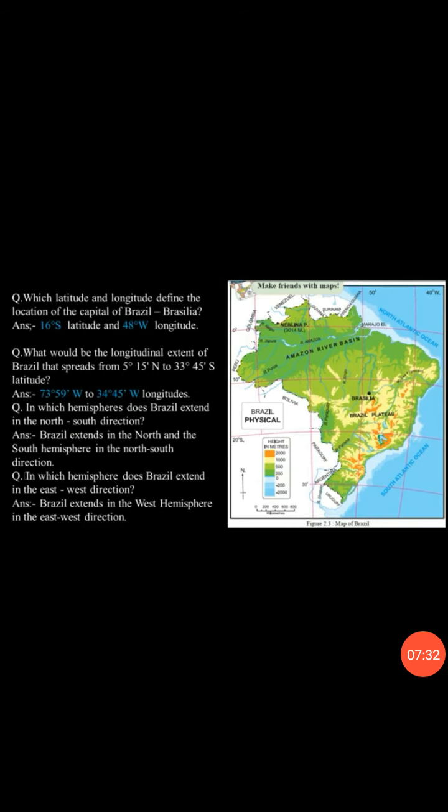So this is the answer to the following questions. Okay students, you have to copy this answer in your notebook. Which latitude and longitude define the location of the capital of Brazil, Brasilia? 16 degrees south latitude and 48 degree west longitude. Okay students, if you can't see, I can zoom the picture.